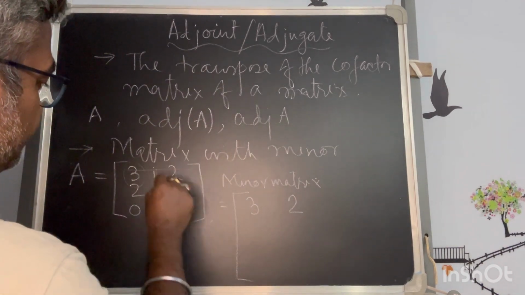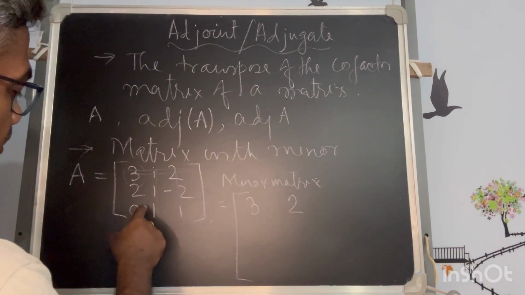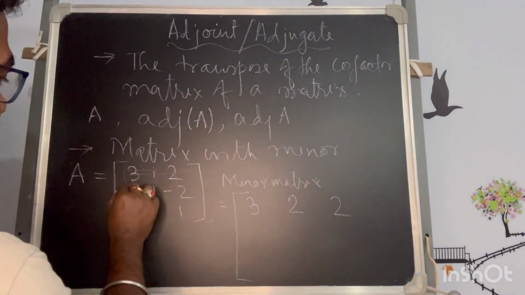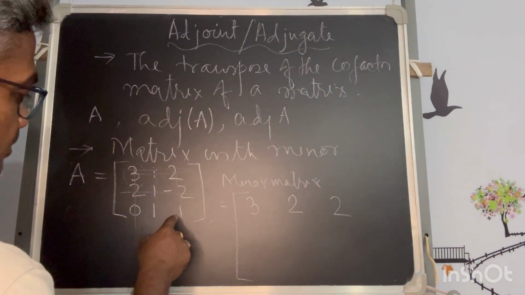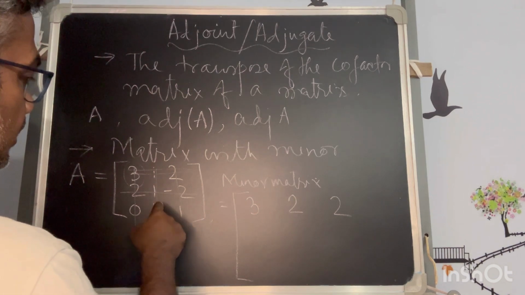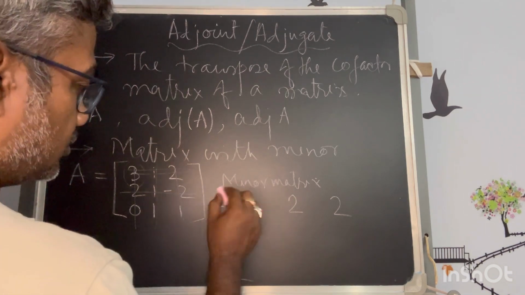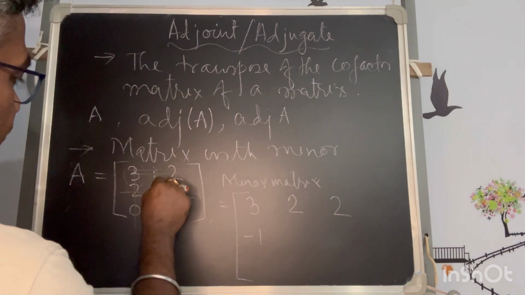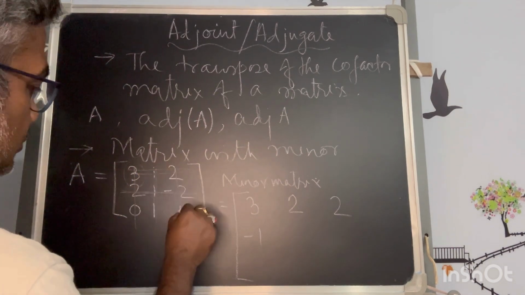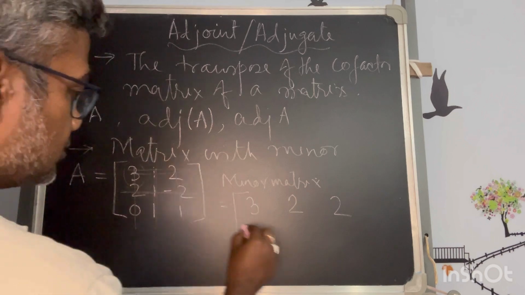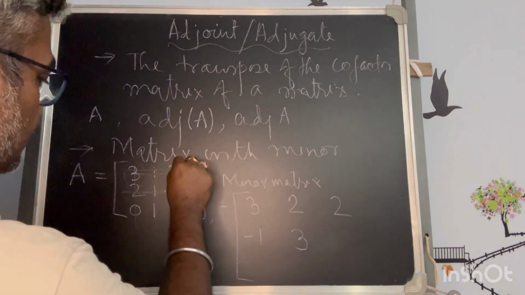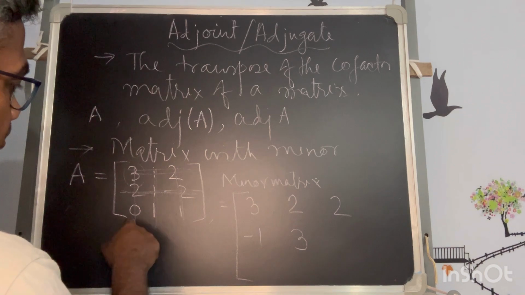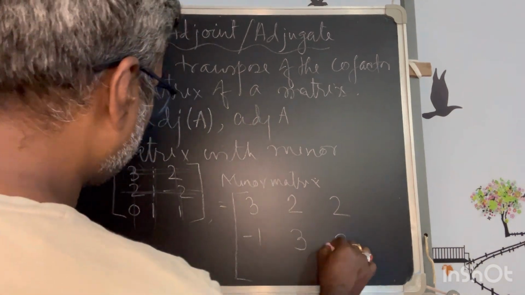Then for this, 2 into 1 minus 0, so that is equal to 2 again. Now for this, 1 into 1 minus 2, that is equal to minus 1. Then for this, 3 into 1, 3, minus 0, that is equal to 3. For this, 3 into 1, 3, minus 0, that is equal to 3 again.